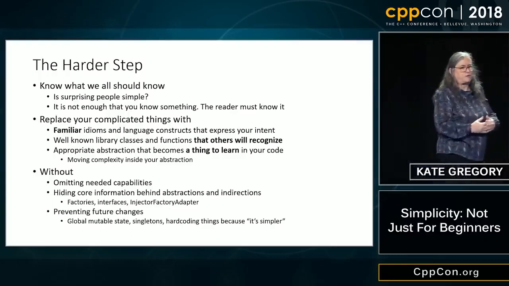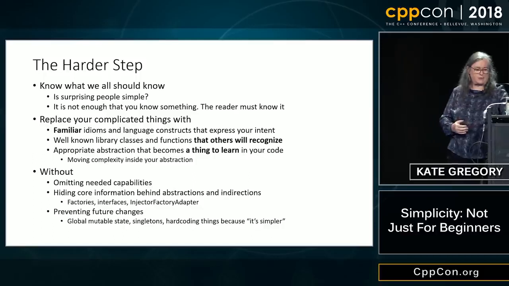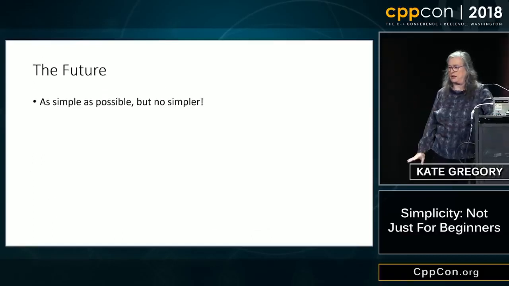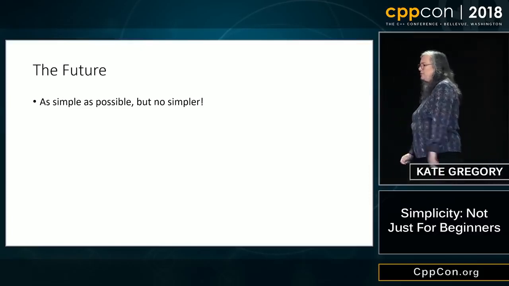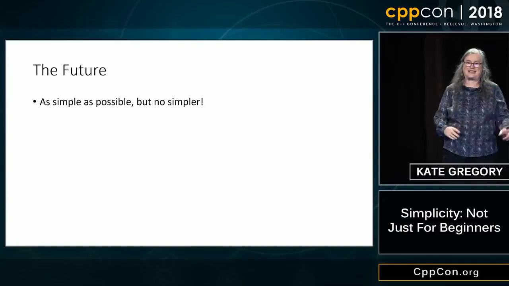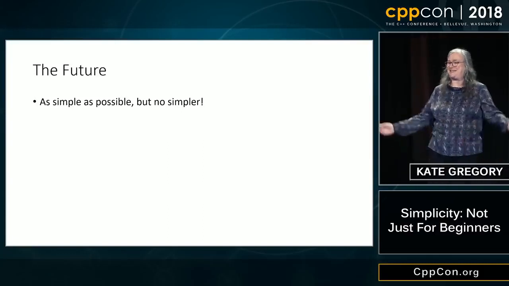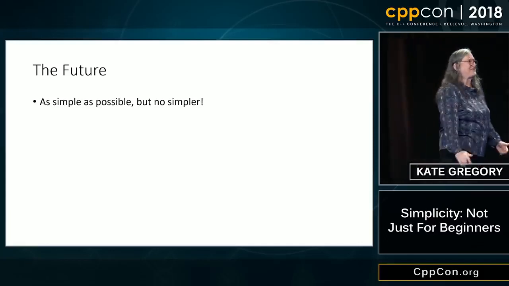And you don't prevent future changes. And I really want to talk about that as its own thing. Everyone says that Einstein says that things should be as simple as possible, but no simpler. And then I learned from Phil Nash that he actually said something more complicated, and someone else paraphrased it down to this, which could not be more perfect.